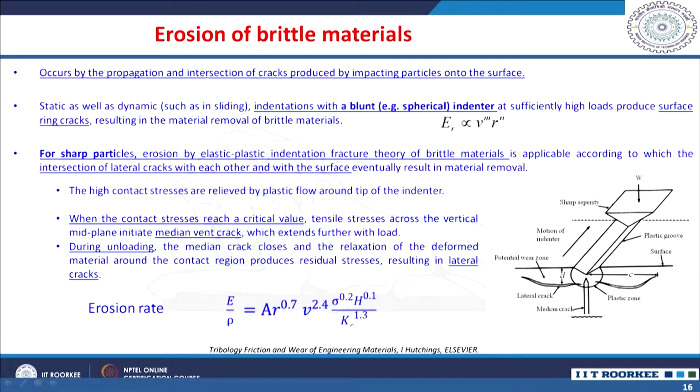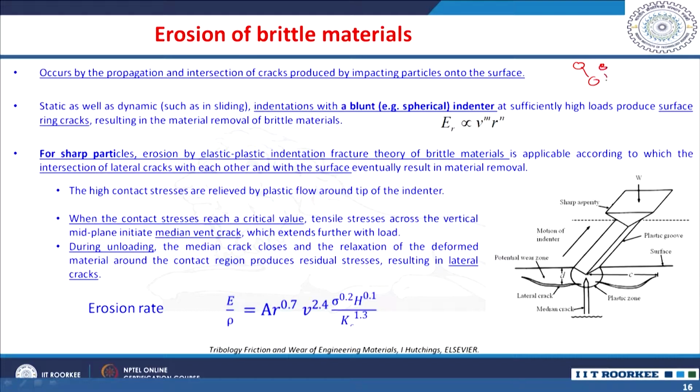If you see erosion of a brittle material, it tends to fracture easily by the propagation of a crack, right. So, erosion of brittle materials occurs by the propagation and intersection of cracks produced by impacting particles onto the surface.